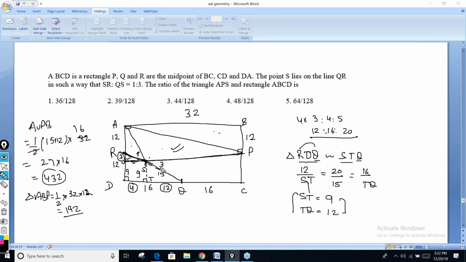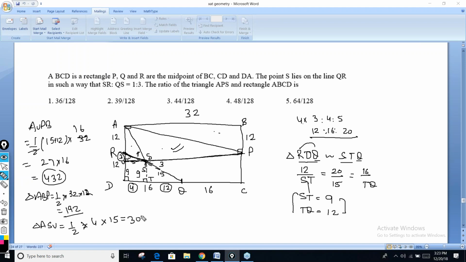The area of triangle A, that point was S, ASR. Can we get it directly? ASU. Yes, we can get it, ASU as well. Half, base is 4, and height is 15.